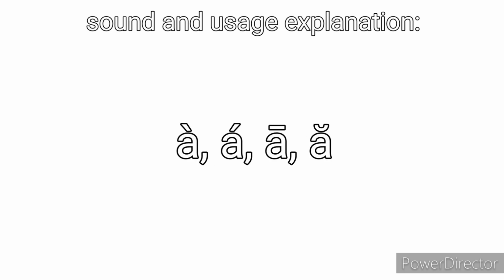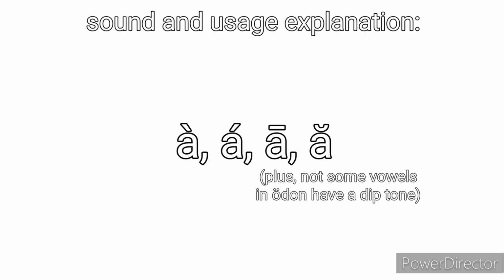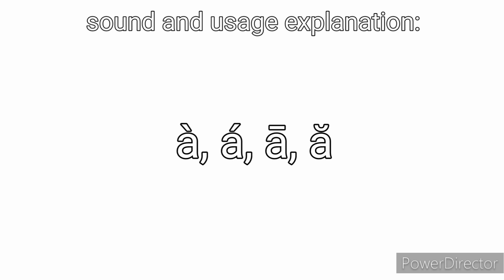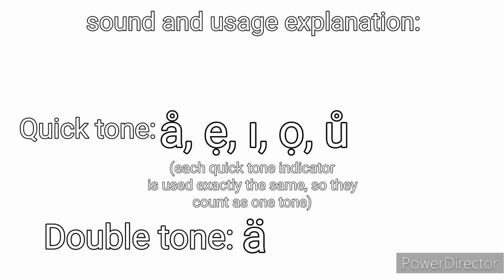The only difference being that the dip tone is curved rather than pointed like it usually is in Chinese pinyin. There are also these two special tone indicators, but they work very differently from their counterparts on Earth. So we'll get to them in a sec.